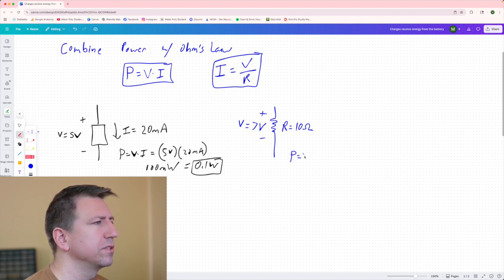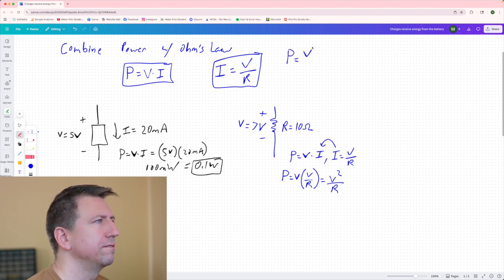So if P equals V times I and I equals V over R, then substituting this I in here, we have P is V times V over R, which is V squared over R. And so this is another way to write the power expression.